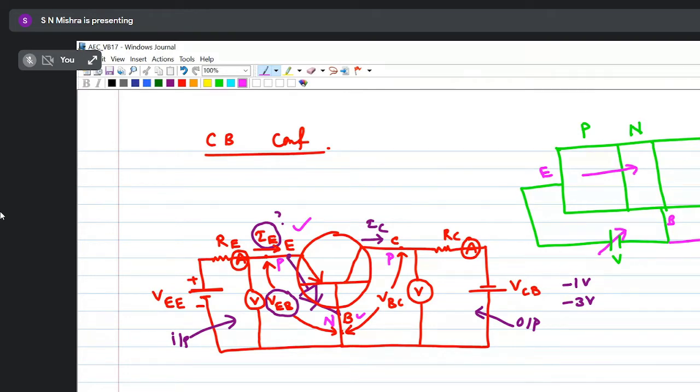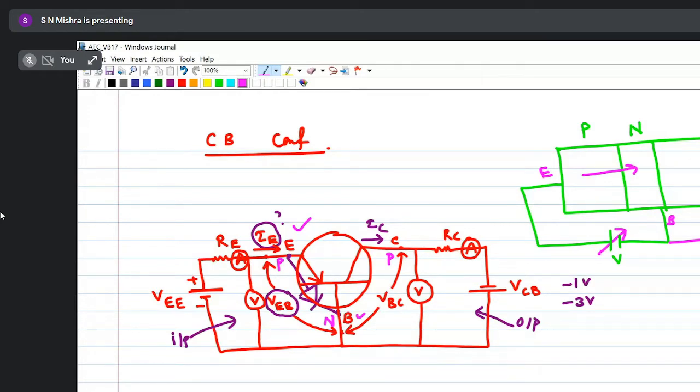Or another way you can understand, two concepts we have already discussed. When VCB increases, what happened to the depletion region across the collector-base junction? Wider or narrow?